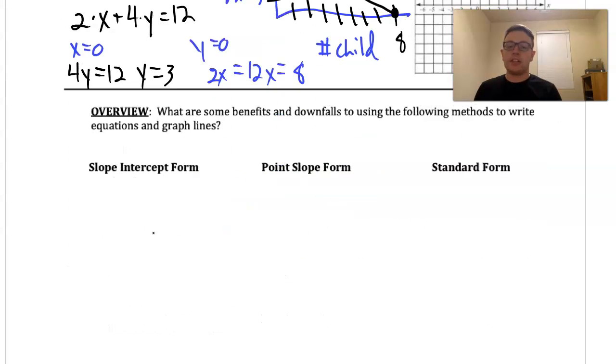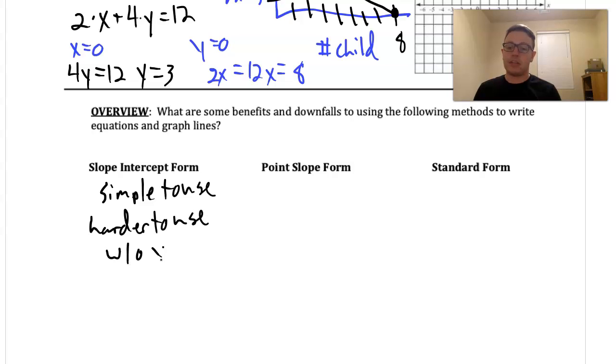Right. Let's look at some review. What are some of the benefits and downfalls of using each of these methods? Slope-intercept form. Well, it's good old trusty. We know how to use it. But it's hard to use when we have 2 points, or when we don't have the y-intercept.